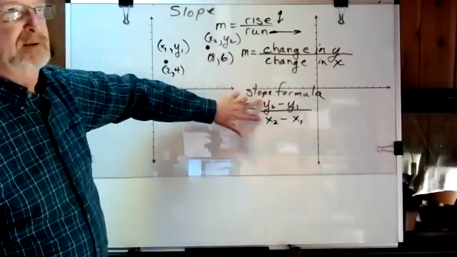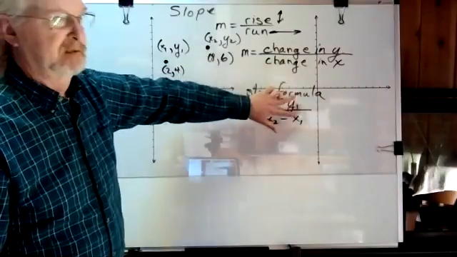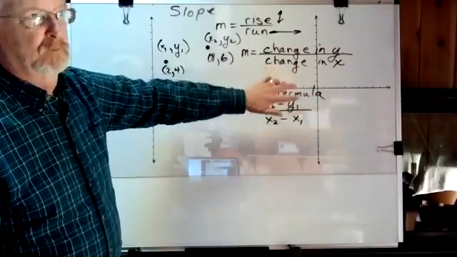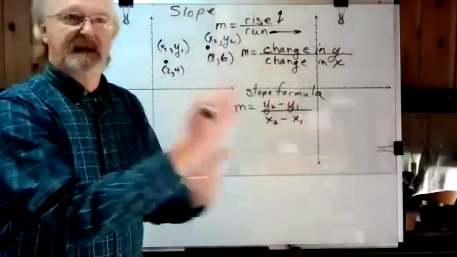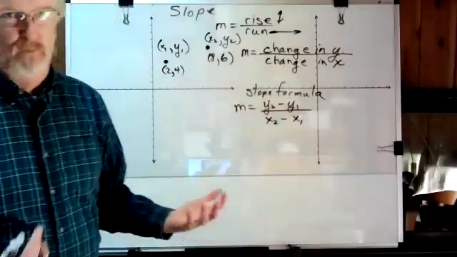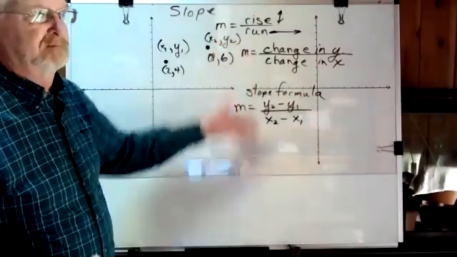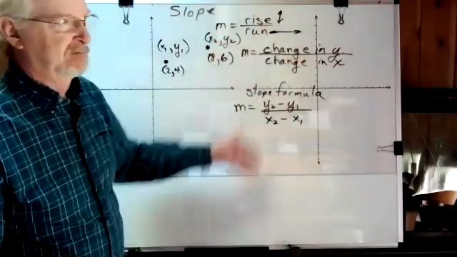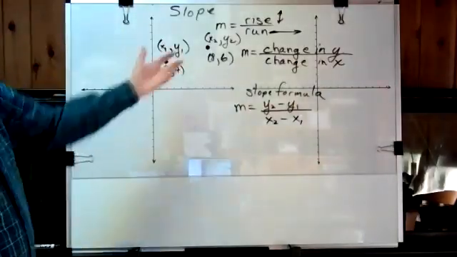Like here I started with the point 2 values, y2 and x2, and subtracted the point 1 values, y1 and x1. I'll do it again and we'll see it really doesn't matter which order as long as you're consistent. The values from one point are together, you might say vertically, and the values from another point are together there. So now I can plug in these numbers.